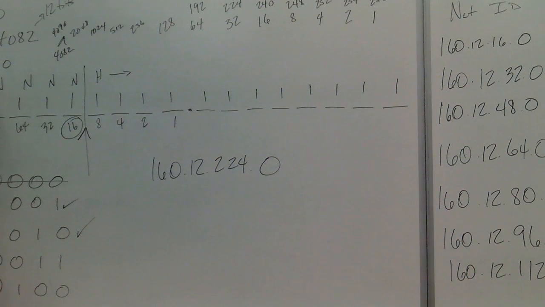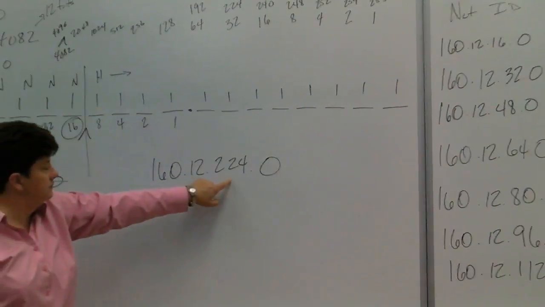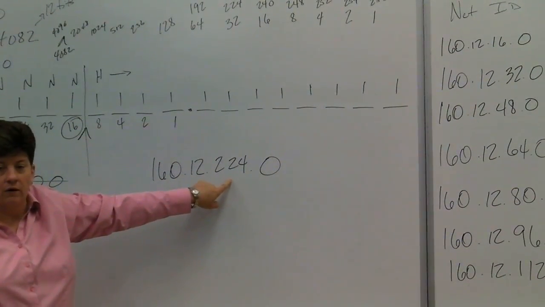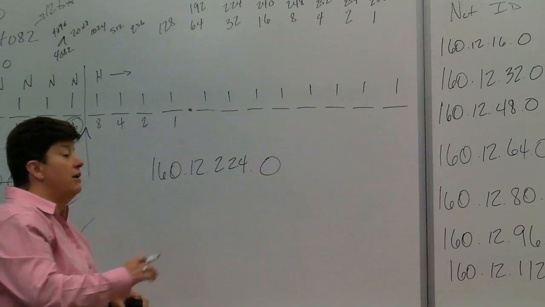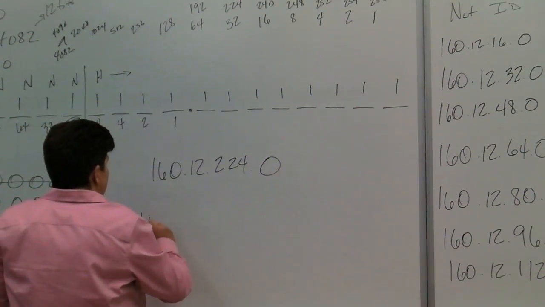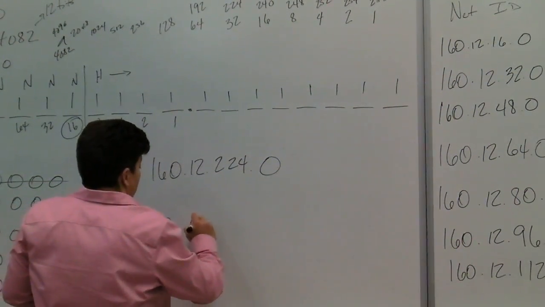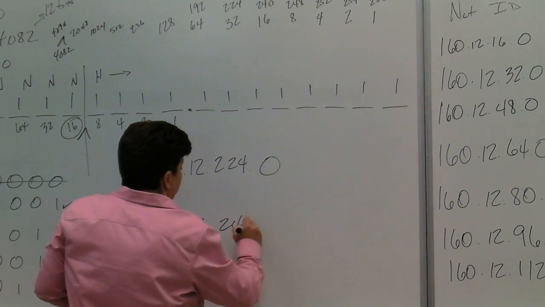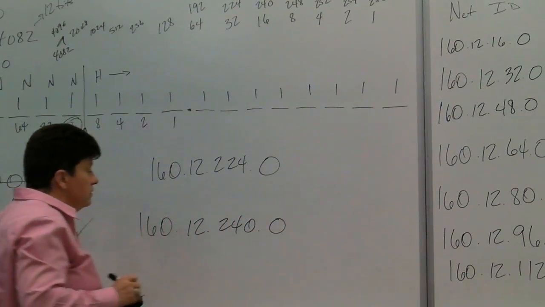Take your new subnet mask and subtract the magic number, 16. 224. So the network I'm not allowed to give away is 160.12.240.0.